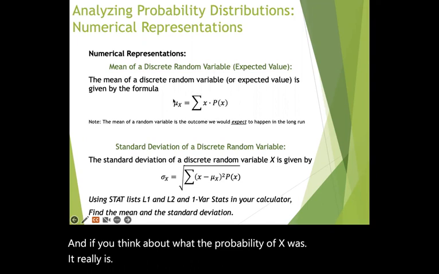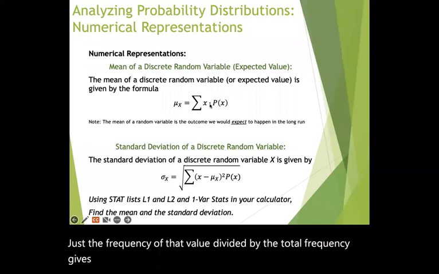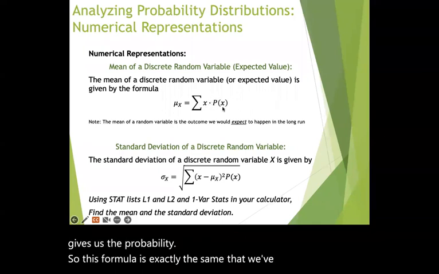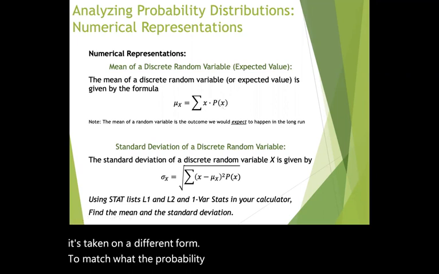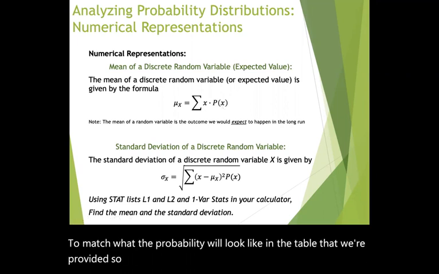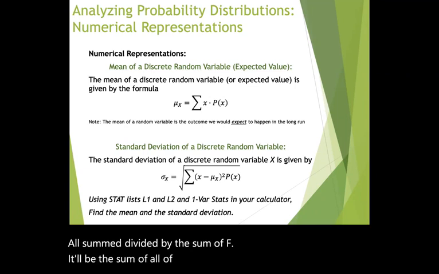So this formula is exactly the same that we've been using, but now it's taken on a different form to match what the probability will look like in the table that we're provided. So the calculation, instead of being X times F, all summed divided by the sum of F, it'll be the sum of all of the data values multiplied by their probabilities and added together.